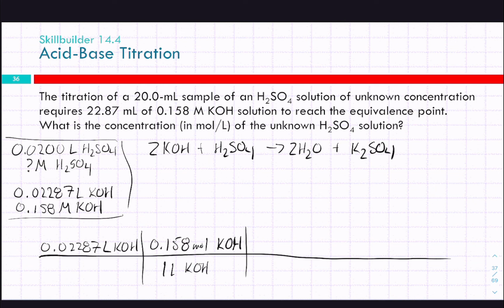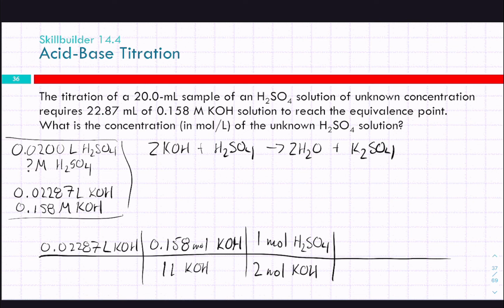And we say we want to go from moles of KOH to moles of H2SO4. So this is where that 1:2 ratio comes in. So for every 2 moles KOH, that'll neutralize 1 mole H2SO4. And that'll tell us the number of moles of H2SO4 we have.